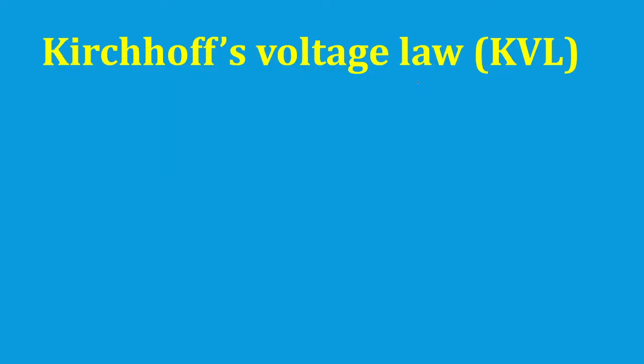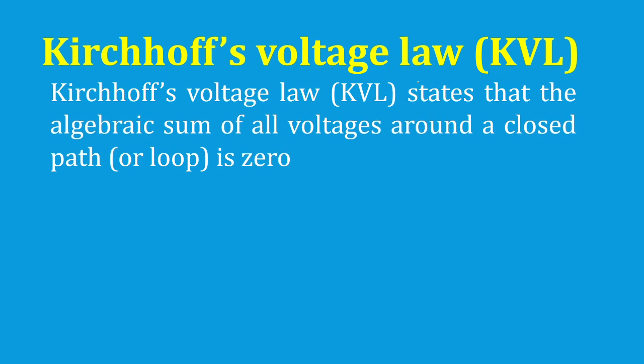Now moving on to the original concept of Kirchhoff's voltage law. So what does this state? Kirchhoff's voltage law states that the algebraic sum of all voltages around a closed path or loop is 0. Why am I saying algebraic?